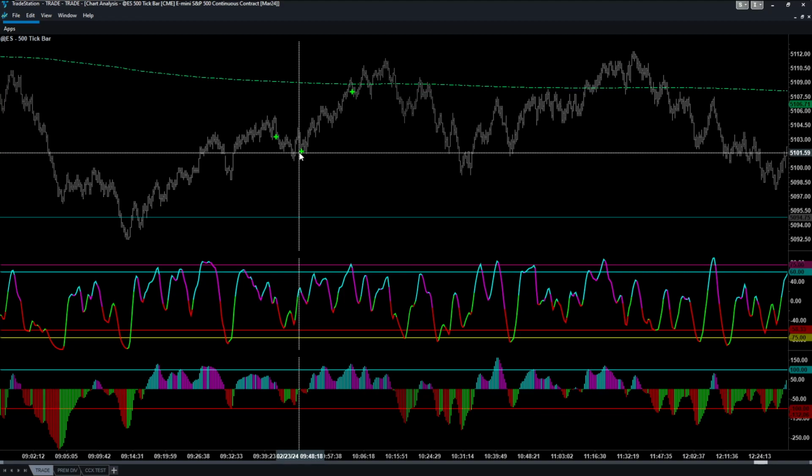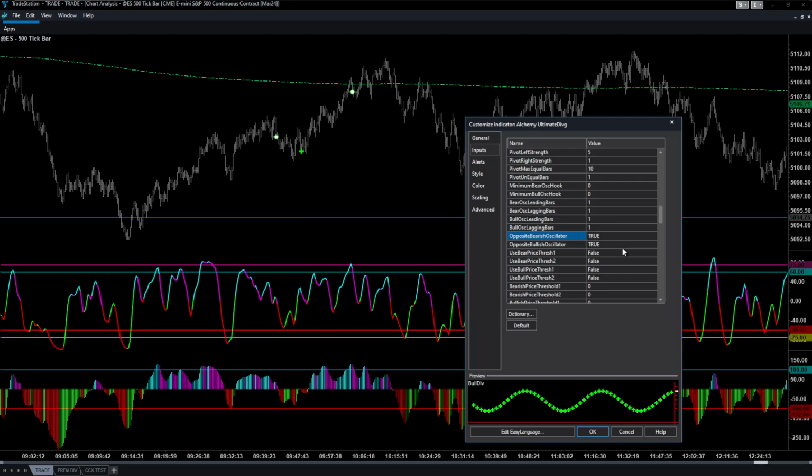and then I'm using, oh, yeah, you gotta get down here. Make sure that this is set to true. You're using opposite bearish, opposite bullish. Set those to true. Then if you want to use the thresholds, you've got to set that up.